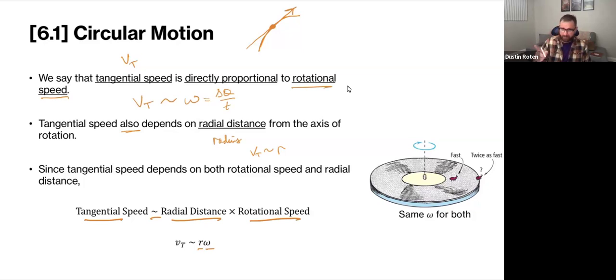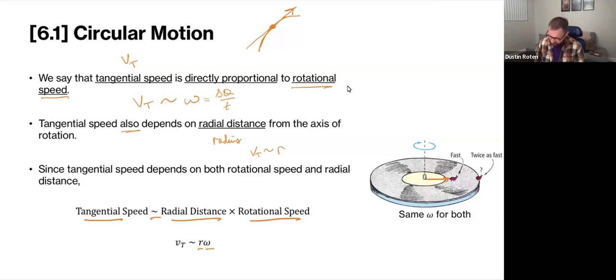Now, if we look at this example over here, we have these two little ladybugs. First we could talk about the radial distance. This first one has a radial distance of, whatever you want to call it, halfway across the turntable.